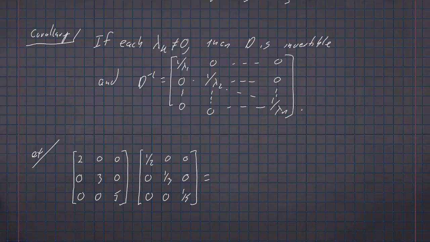Work through the matrix multiplication row times column and recognize that we do in fact get the 3 by 3 identity matrix as the result here. Right? So not a proof, but a nice illustration that this corollary is going to hold for us.